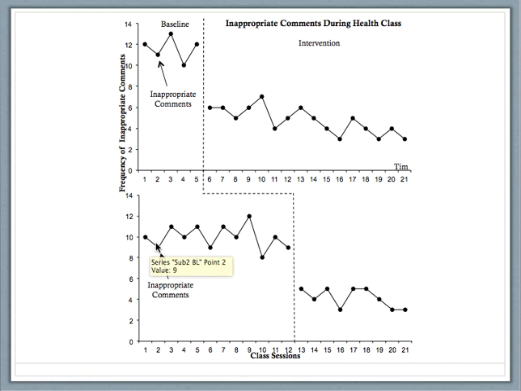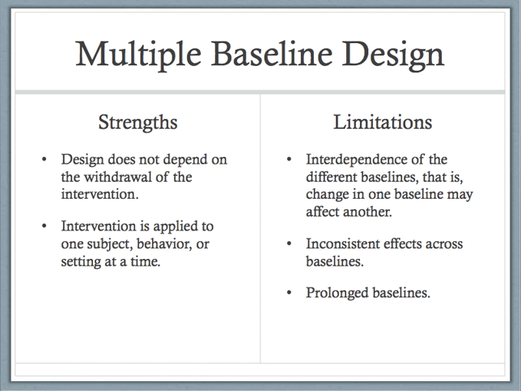So sometimes that baseline can continue and continue and continue before you can finally implement it. Beginning for one subject is dependent on another subject. So, those are just some concerns or weaknesses, limitations to a multiple baseline design.